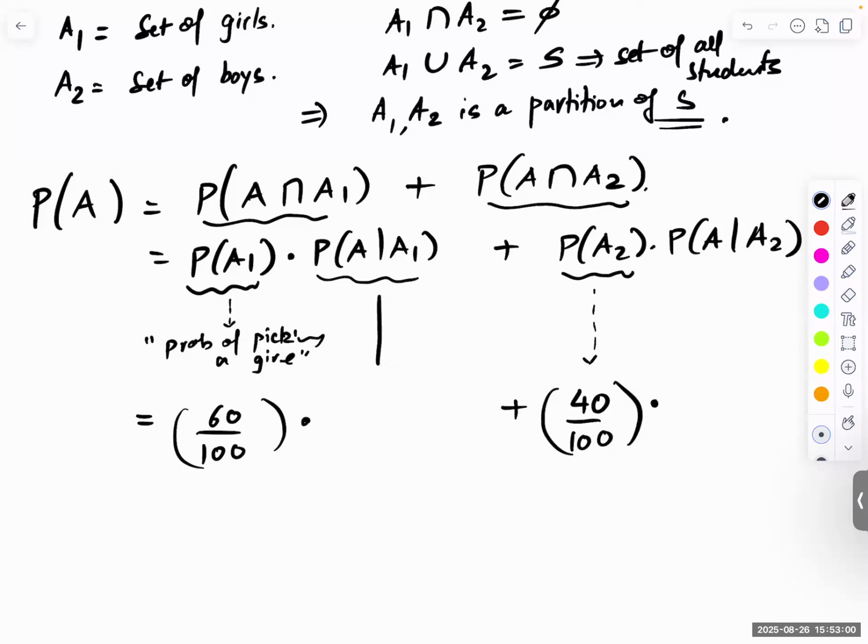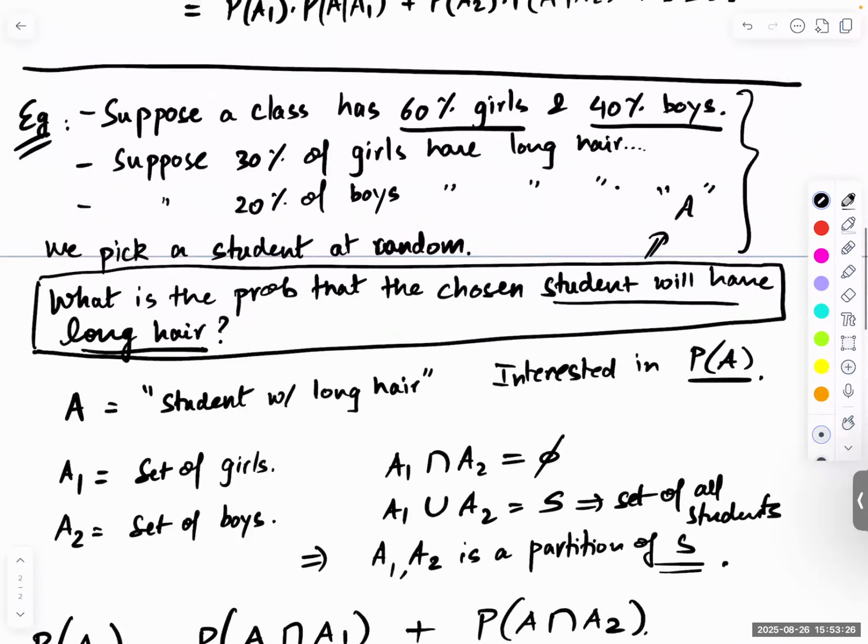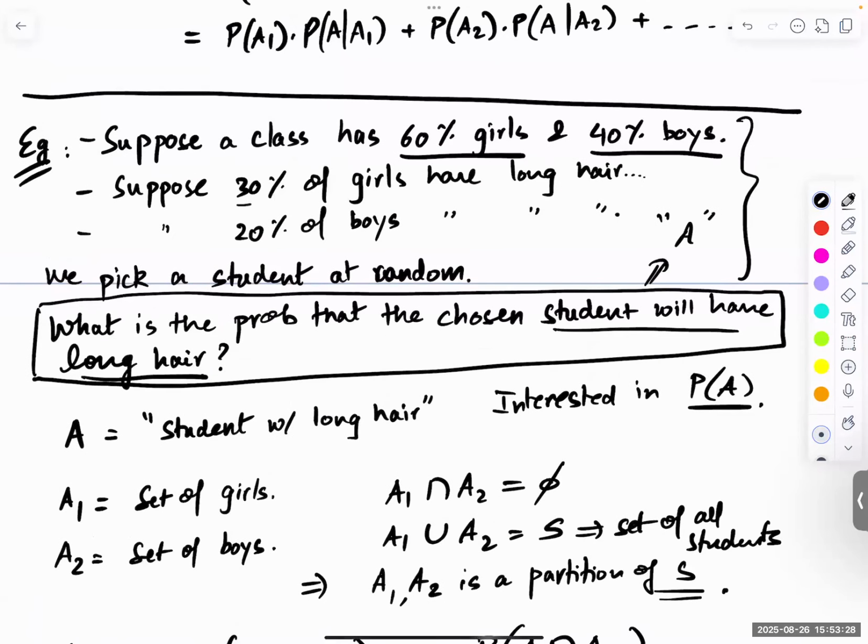Now we have to worry about these two terms. What is this conditional probability? A given A1 refers to the event of long hair given that you have picked a girl, so A1 is the event of picking a girl, and A is the event of long hair. Among girls, what do we know? 30% of the girls have long hair.